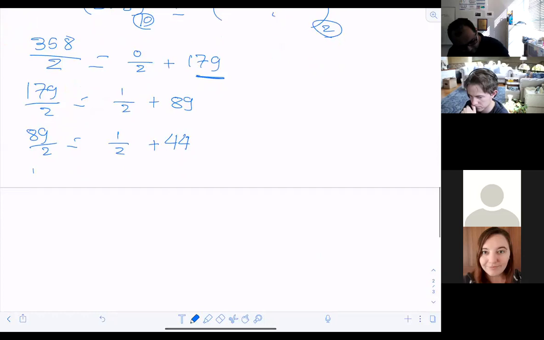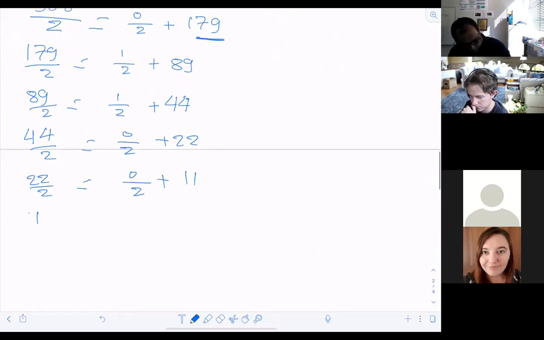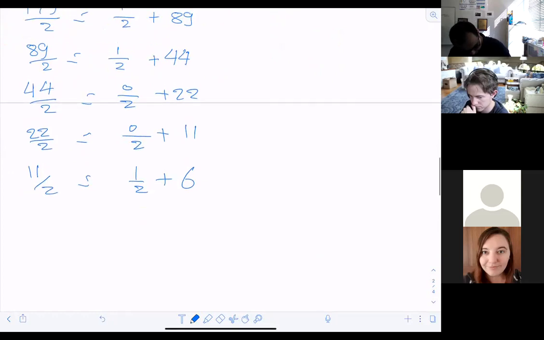Then 44 divided by 2 is 22, and there is nothing left. Then 22 divided by 2 is 11, with nothing left. Then 11 divided by 2 is 5, with a half, sorry.